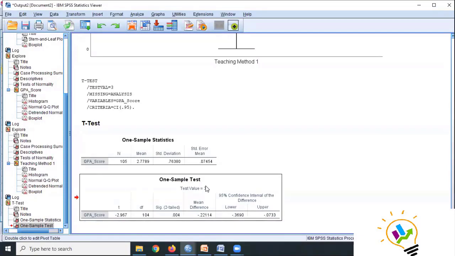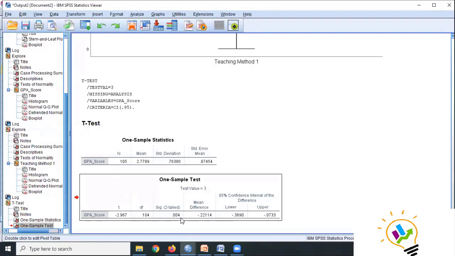Now, whether we are going to accept or reject depends on the significant value, madam. You must always see this value, which is called the significant value. Can you see the value, madam? Yes, sir. It is 0.004. Here we make the statement: if the significant value is less than 0.05, we reject the null hypothesis.